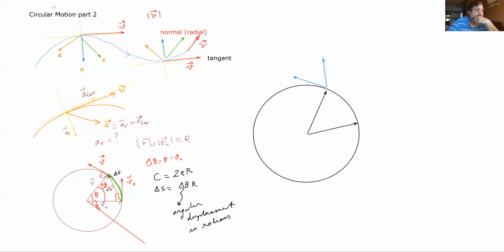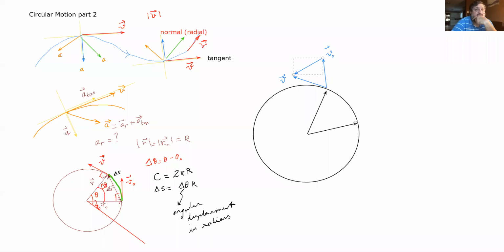So these are V naught and V, and the difference is delta V.